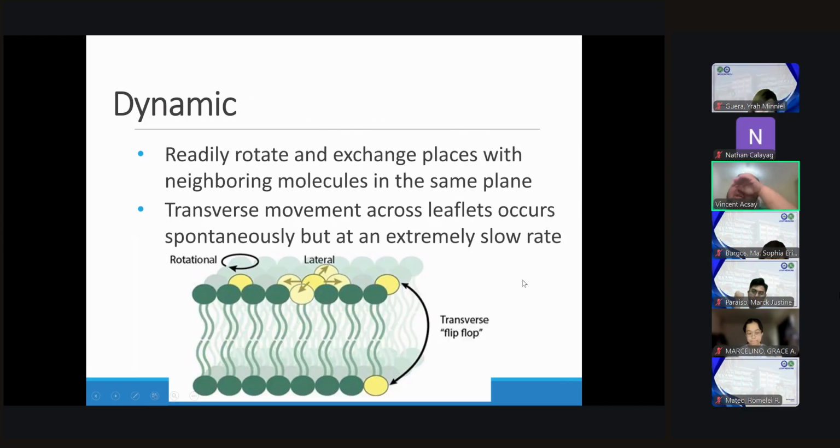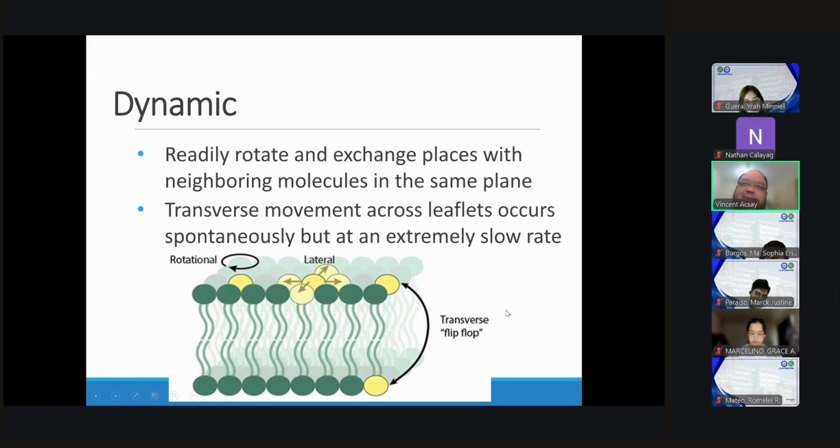So we've discussed the 6 properties of biologic membranes based on the components that they have. The components have properties, and when joined together they exhibit more properties.